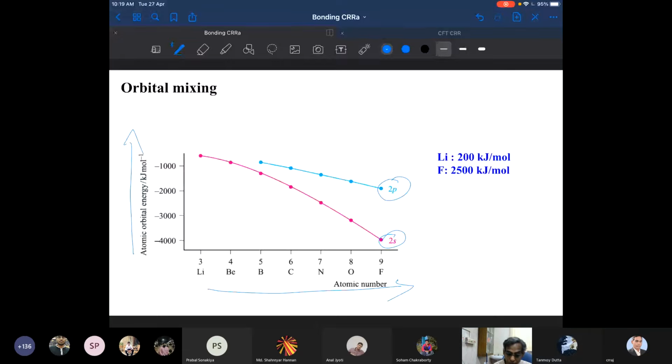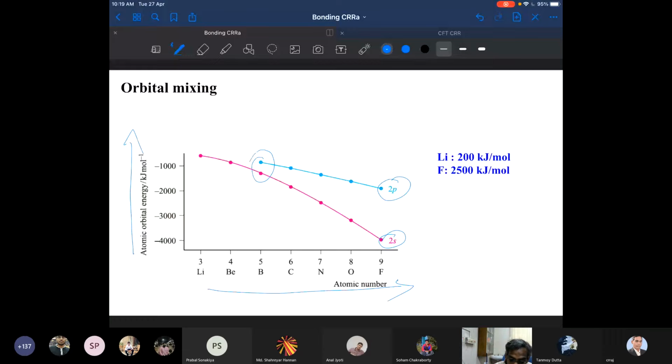Now, what you have is a 2s atomic orbital energy plotted against the atomic number. That is the first row diatomic. And then in the same way, I have a 2p. Now, what is here is the energy gap between these two.